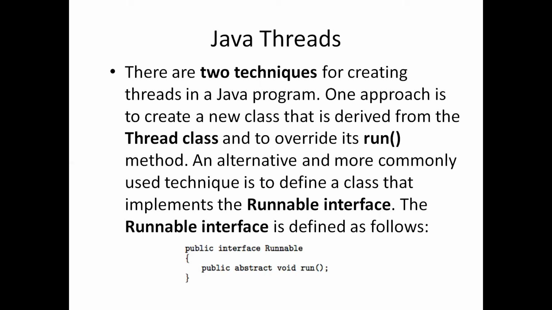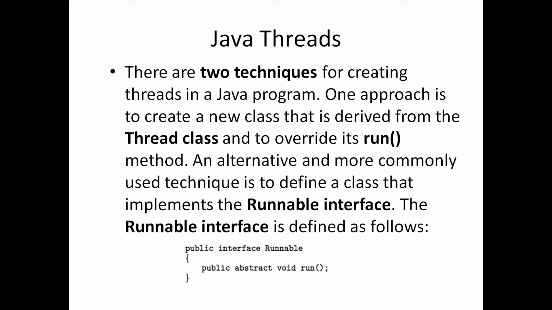By deriving the Thread class we create the Java thread. That is to override its run method. By overriding the run method, we derive a class from the Thread class. This is one technique for creating threads in a Java program.